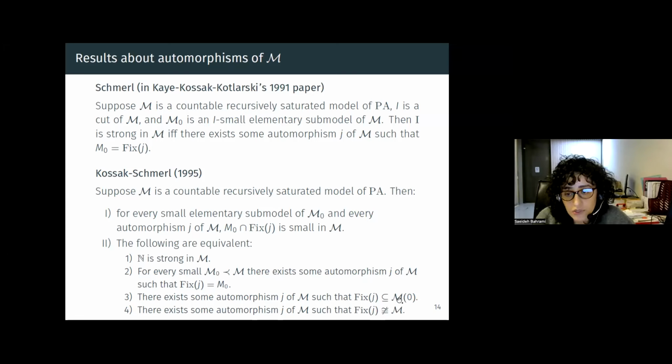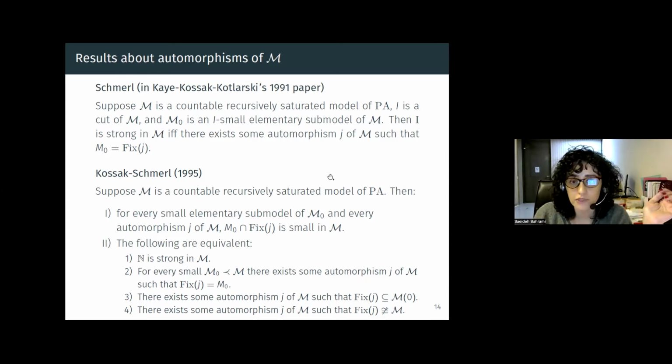Here, by this notation, I mean the initial segment generated by the definable elements of M, K of M. And the fourth statement says that there exists some automorphism J of M such that the fixed point set of J is not equivalent to M. In the next part, where we are talking about initial segments, we are going to generalize these two theorems for any non-standard countable model of IΣ1.